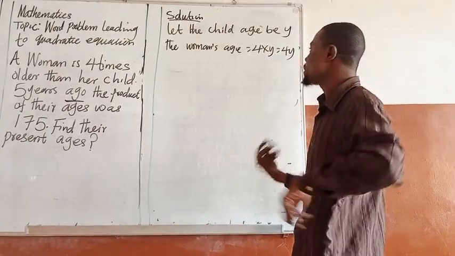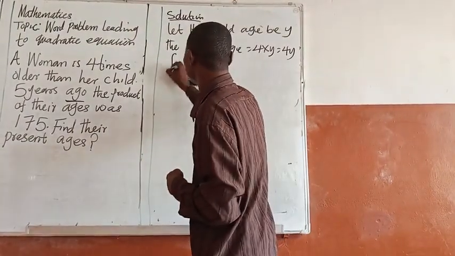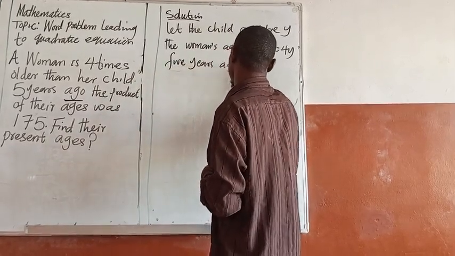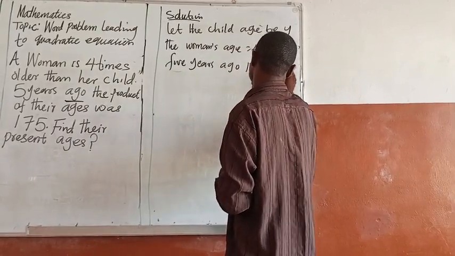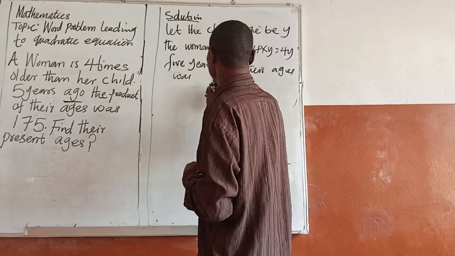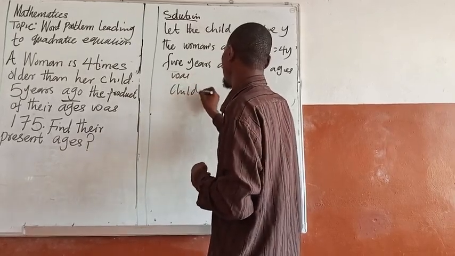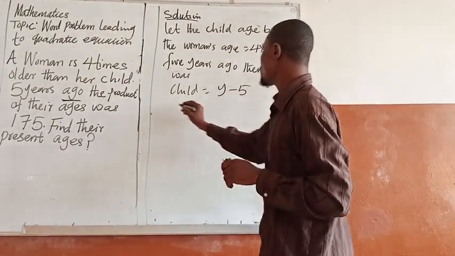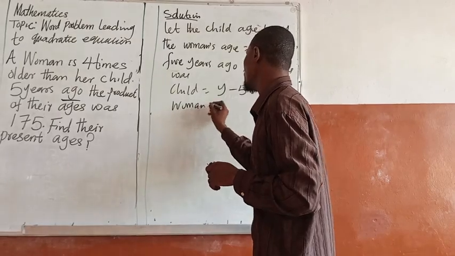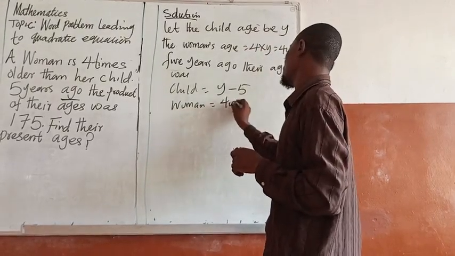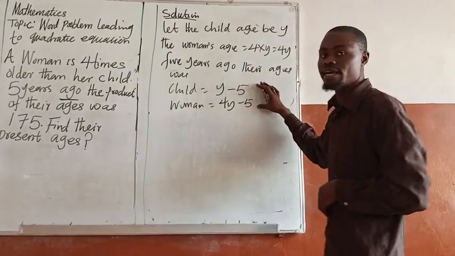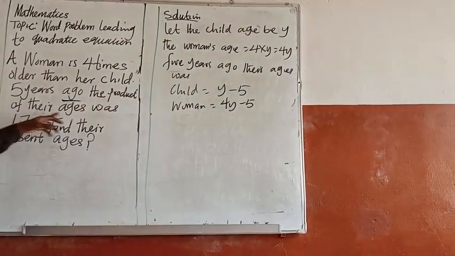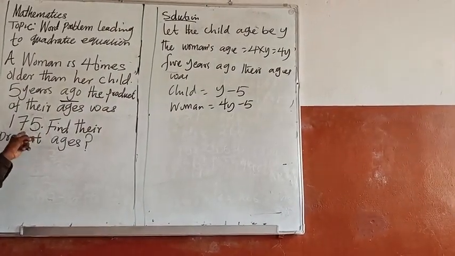And I say ago means minus. So 5 years ago, the child's age is y minus 5, while the woman's age is 4y minus 5. This is their age 5 years ago.